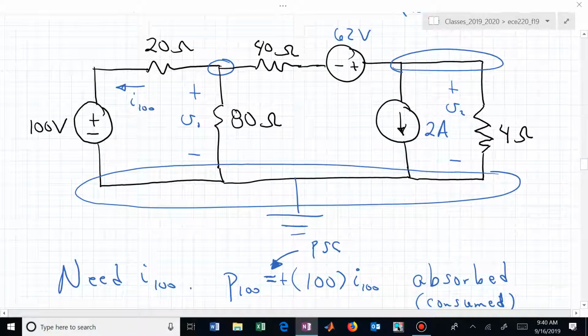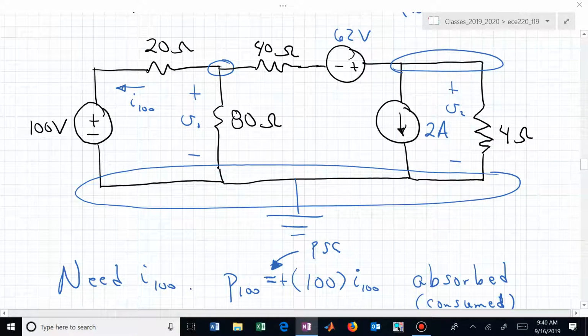But now how do we find I100? Can we just write that down? Do we know it? I100 was not given. It's now going to have to be determined by analyzing this circuit. Could we find I100 fairly quickly from some of these labels?